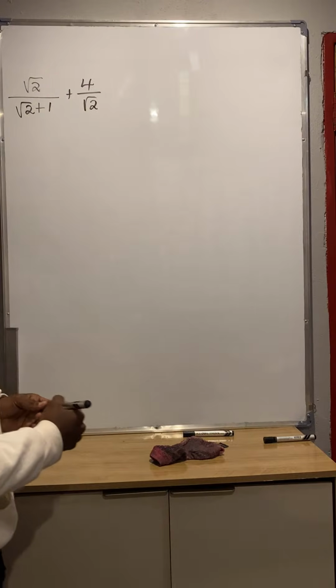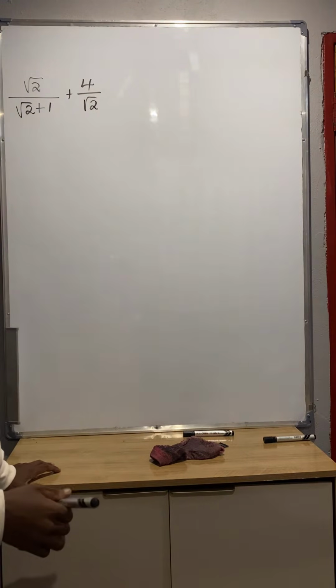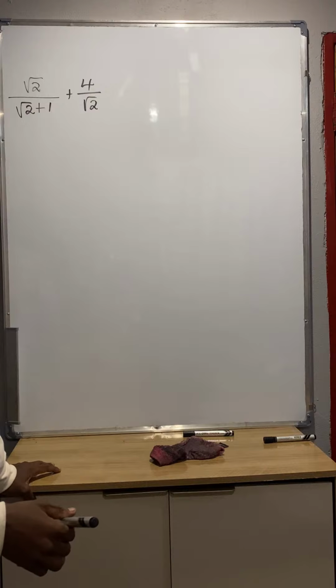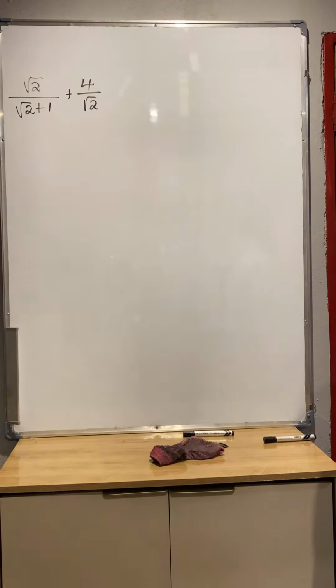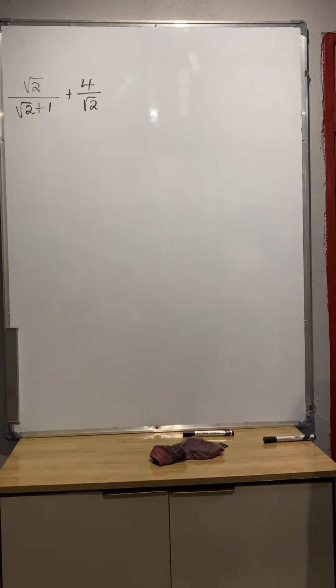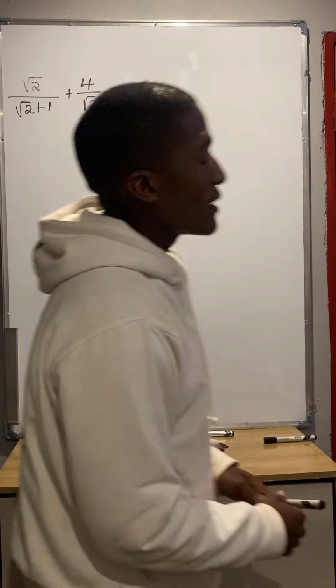And then simplified. When I simplify to a certain number, it simplifies to a square root of 2 plus 1, something like that. Guys, any question? No questions.